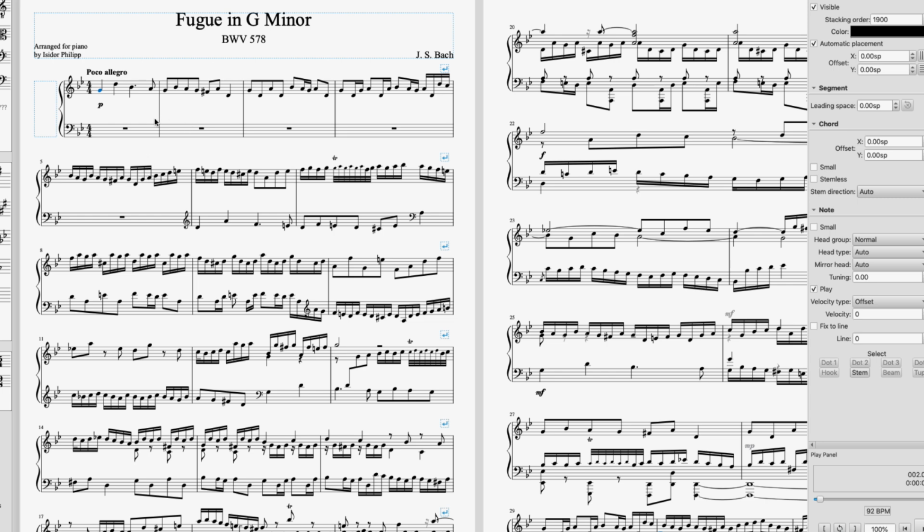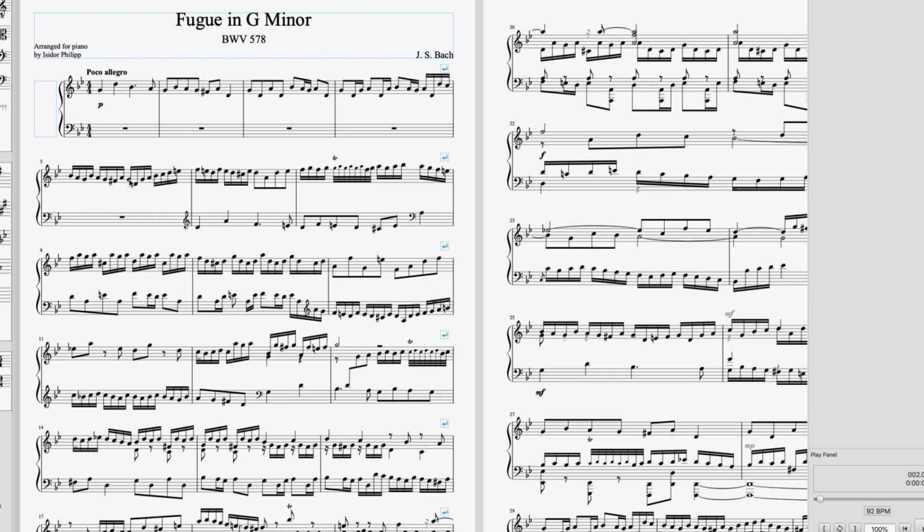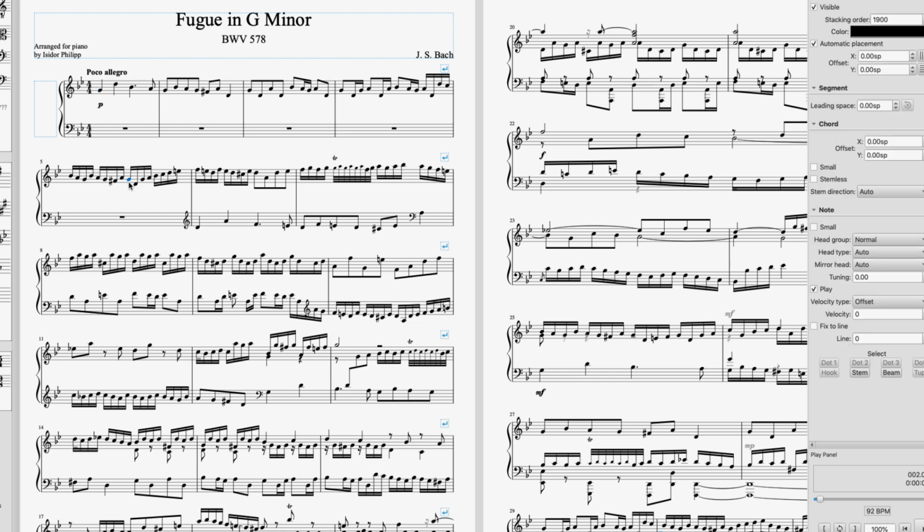I think in this case, the subject ends right there on that G, the downbeat, beat 3 of that 5th measure. So we have 4.5 measures. I'm going to try to stop it right on that spot, and you'll see what I mean.